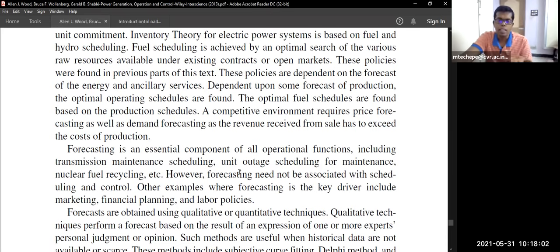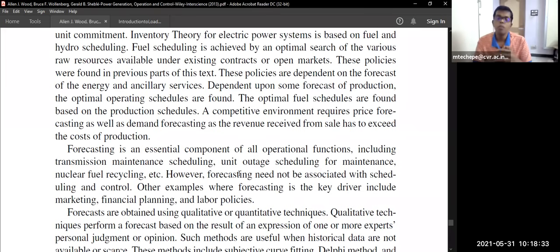Okay, forecasting. You can also forecast your own life: after completion of this 2-year PG, MTech degree, where will we work? Meanwhile in 5 years, where will we work in the government sector? Meanwhile in 10 years, will we settle with a government job, or with some good companies, like electrical companies, power generating companies?